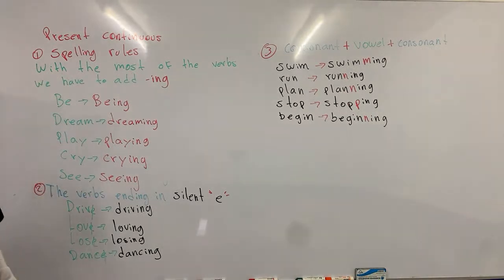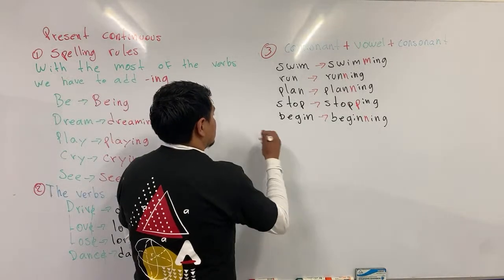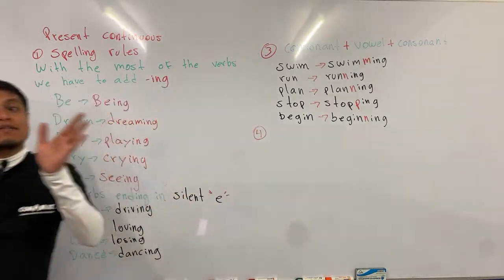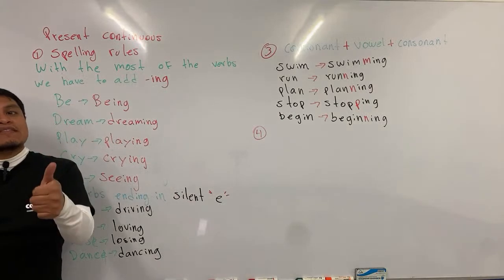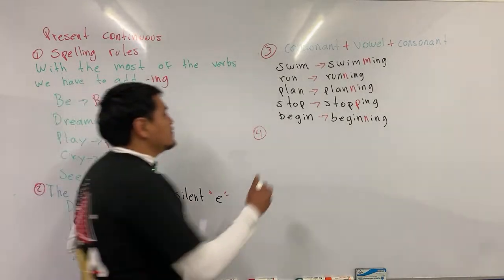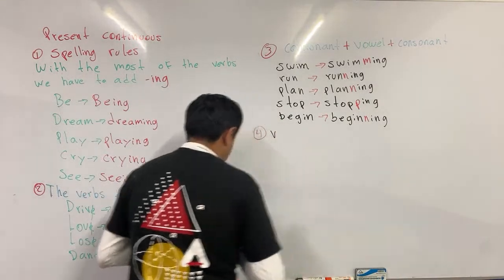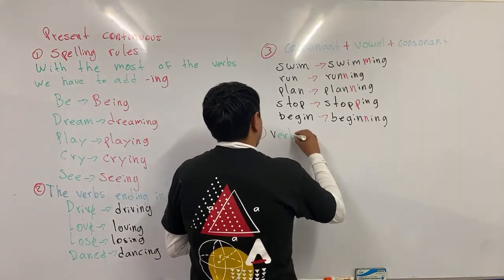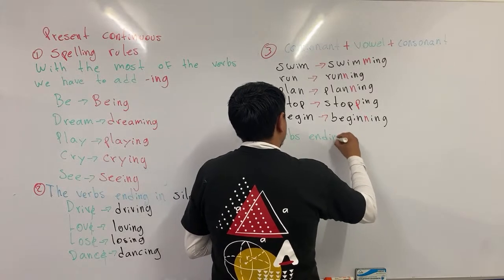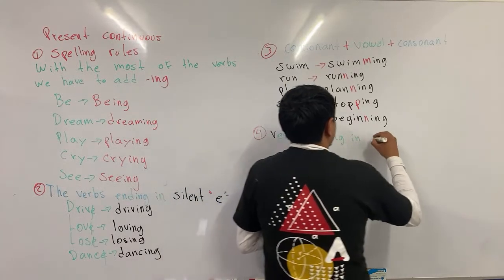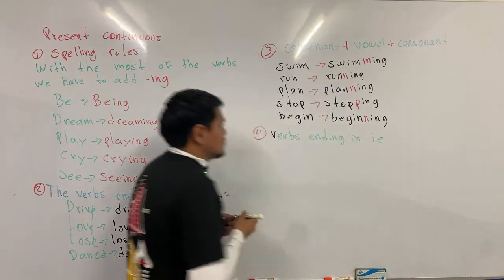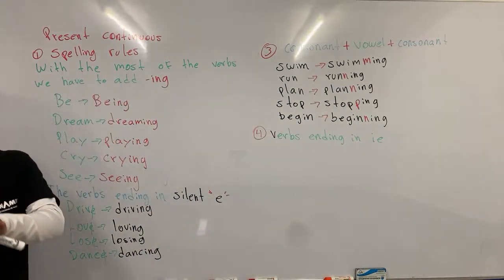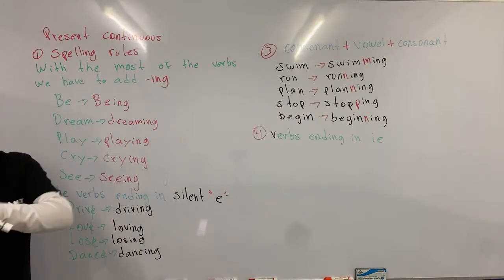And the last rule for this, the last rule. This rule says verbs ending in ie change ie to y.